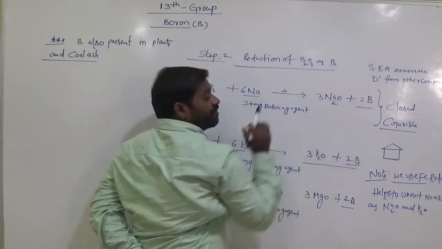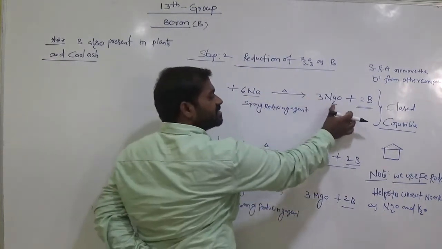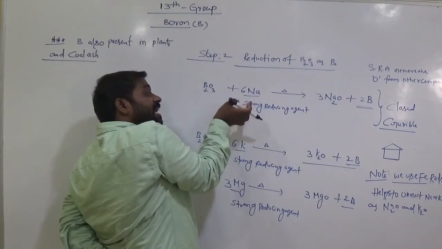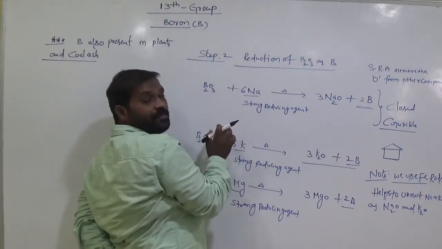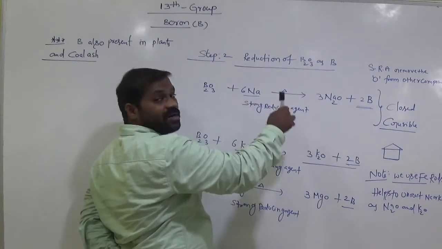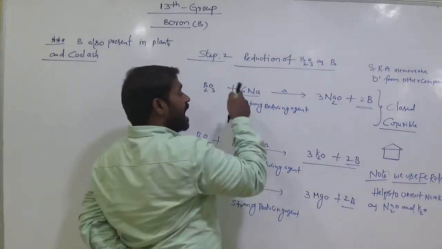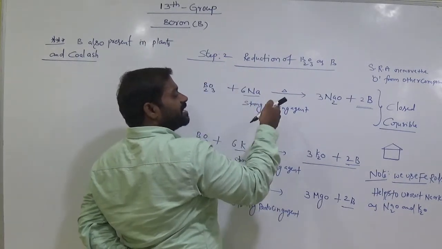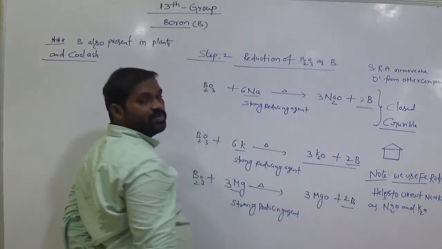Finally we get boron. Sodium interacts with B2O3, very good, it gives sodium oxide and boron. If there is any excess unreacted sodium with this compound, when we stir with iron rod, what happened? This iron rod helps this sodium interact with this B2O3 and completely convert it to Na2O and boron.